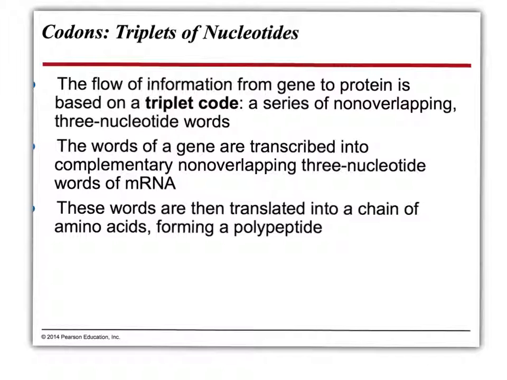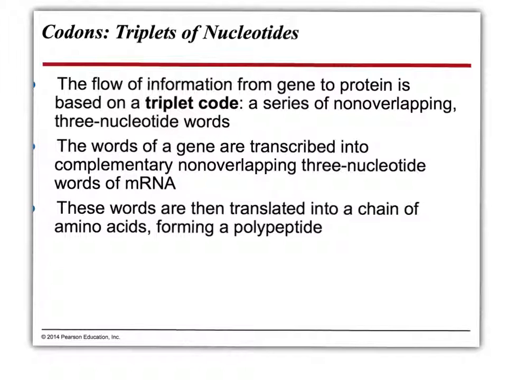Well, what did I say wrong there? T. Good. AUG would be RNA, correct? GUA would be RNA. And AUG codes for methionine. That is an example of decoding and translating the triplet into an amino acid.